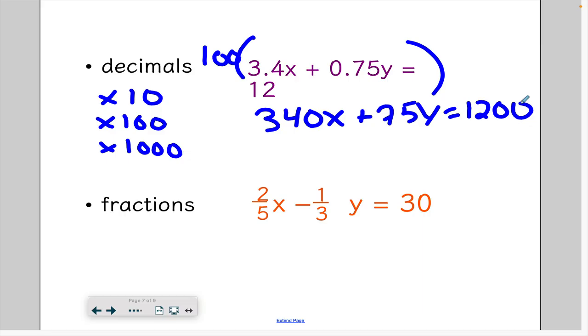Cool. And then that's only an equation. It's not a full system. But if you had another one, you'd be able to work with it. And for fractions, what would you multiply through by? What is it always? Well, here it's 15. Least common denominator. Good.